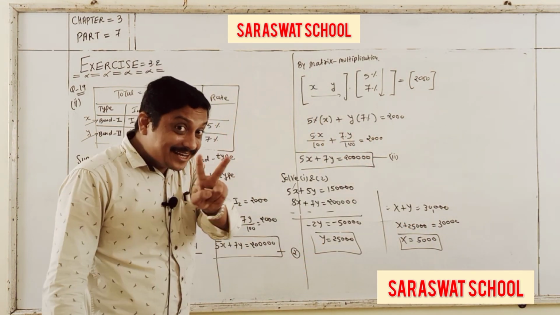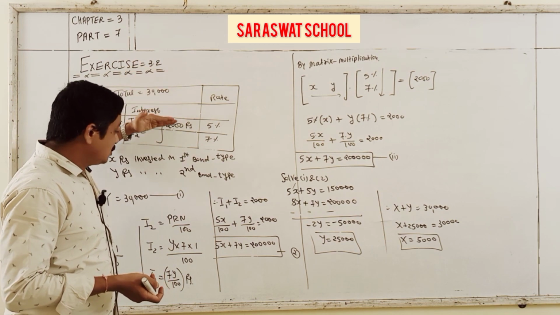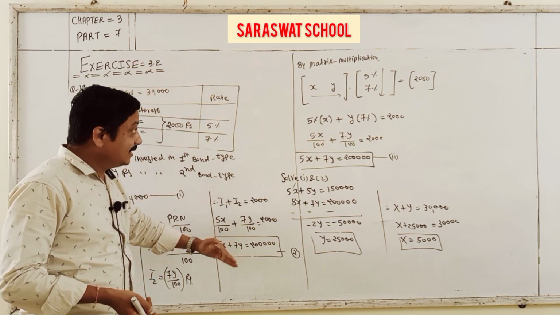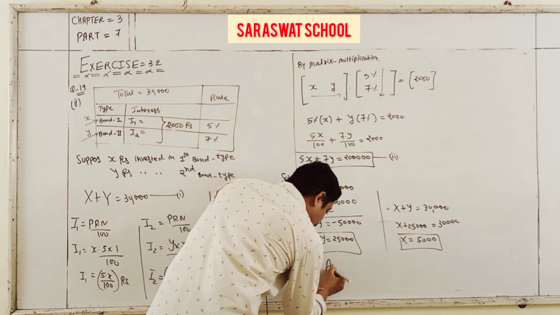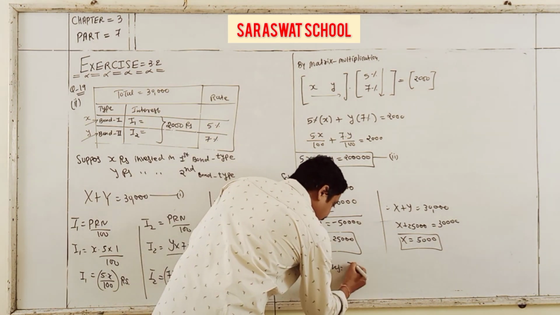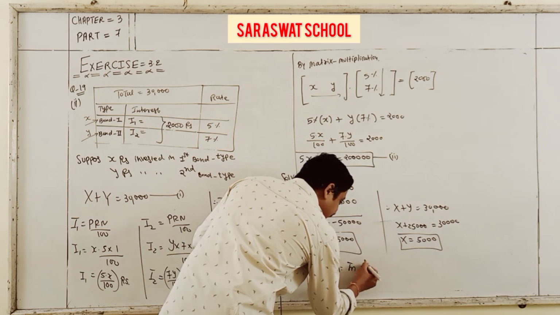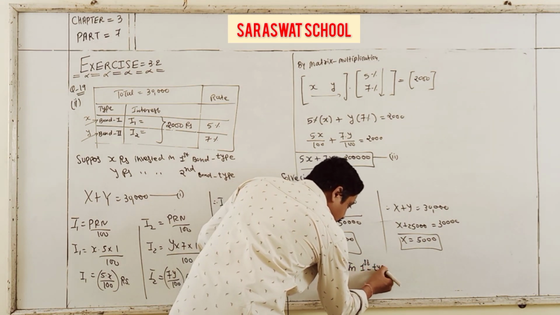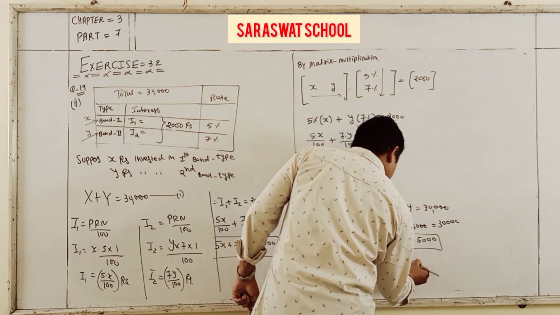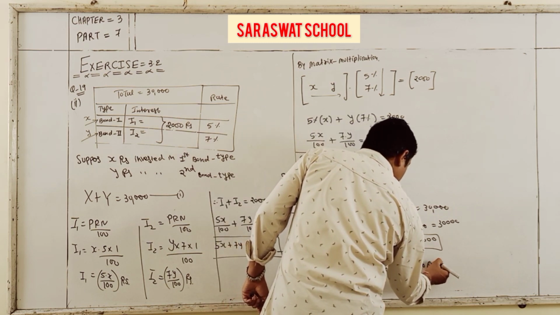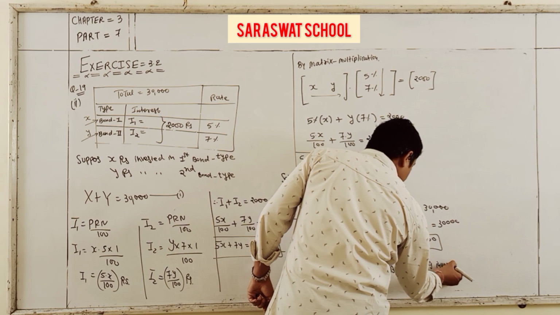So in the second time you will write all the total solutions and the last answer. Therefore invested in first type bond, how much? 5,000 rupees invested.